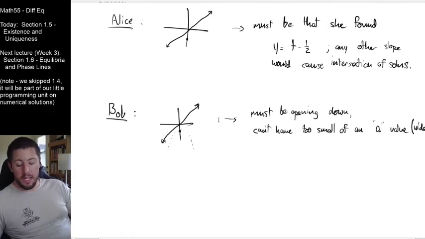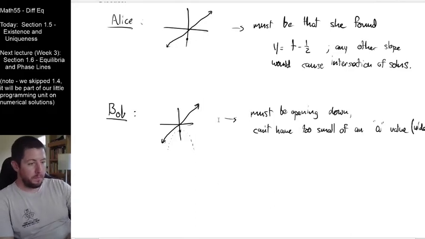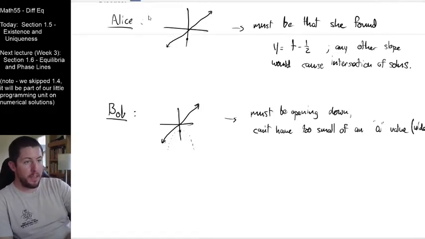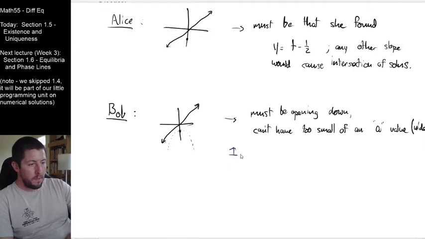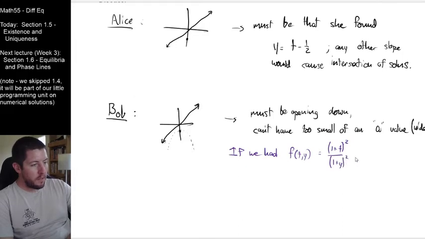So if we're referencing the particular, maybe I'm going to write this stuff. If we had f of t,y equals, was it our 1 plus t squared over 1 plus y squared, always positive.